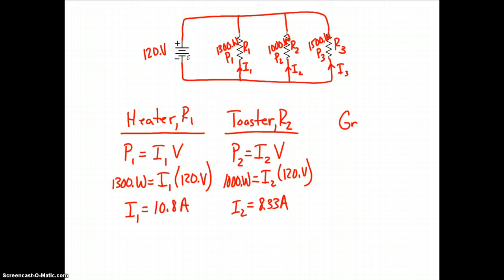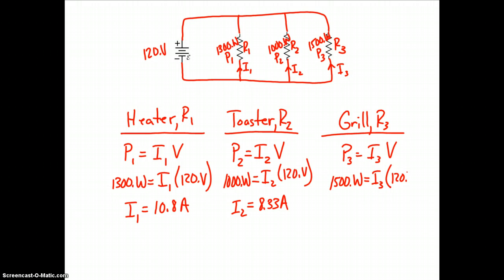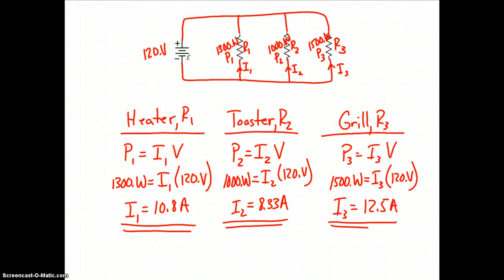Lastly, the grill, R3. Power equals current times voltage. It uses 1,500 watts, 120 volts. 1,500 divided by 120 is 12.5 amps. So there are the three answers we're looking for, the current in each one, and those are our answers to A.